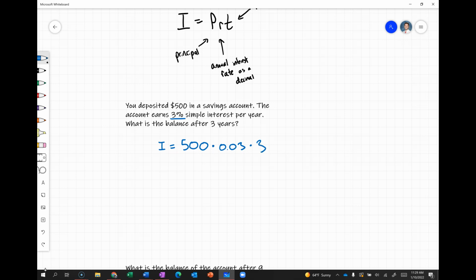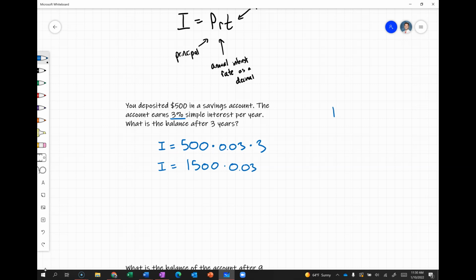So the interest that you will earn will be equal to 500 times 0.03 times 3. So I can do 500 times 3 mentally, so I'm going to do that first so I don't have multiple multiplication problems here. So 500 times 3 would be 1,500. So now I know that I will be equal to 1,500 times 0.03.